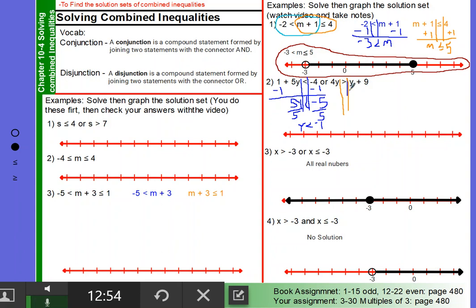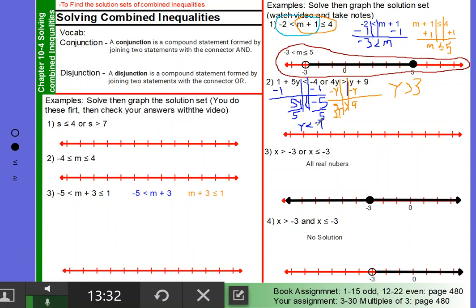So let's subtract y from both sides, so we can get the y's on one side. So 4y minus y is 3y is less than or equal to 9. And then if I divide both sides by 3, I will end up with y is less than or equal to 3. All right, so let's take a look here.